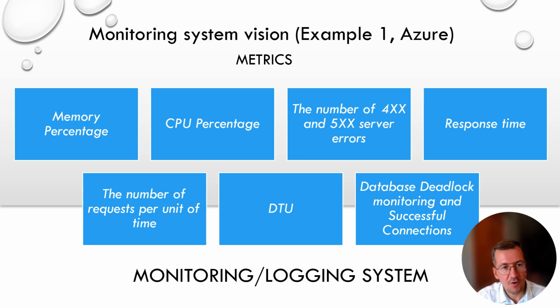the number of 400th and 500th server errors. An increase in the number may indicate that something is wrong with the application or database, or that the application is under attack.